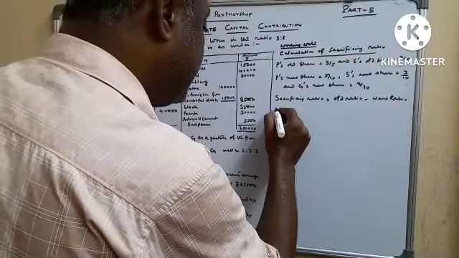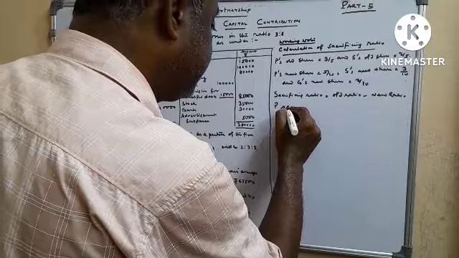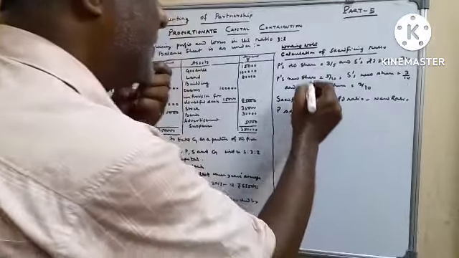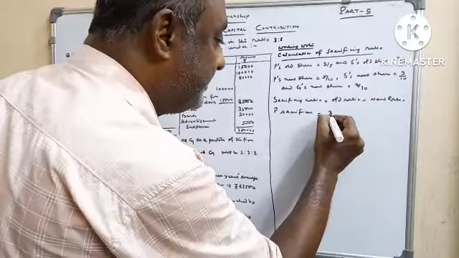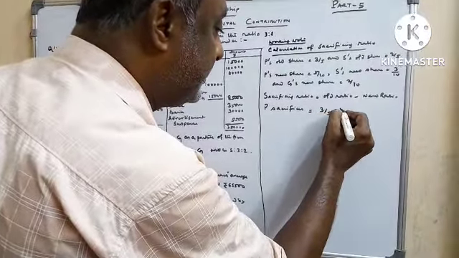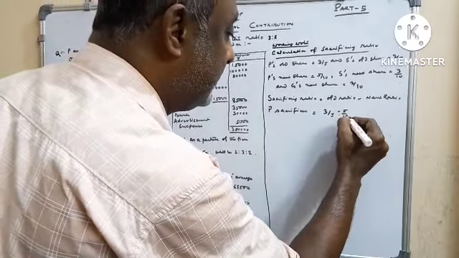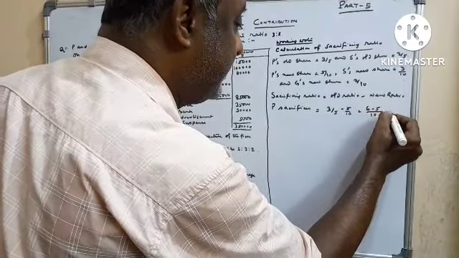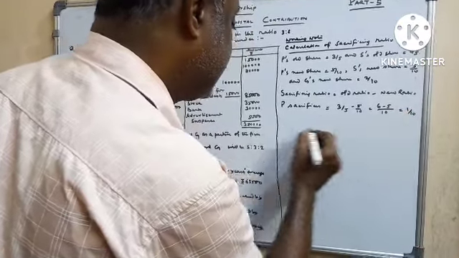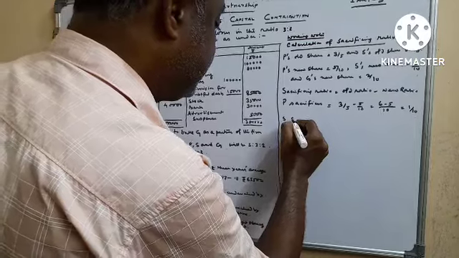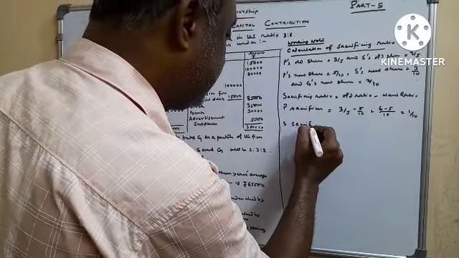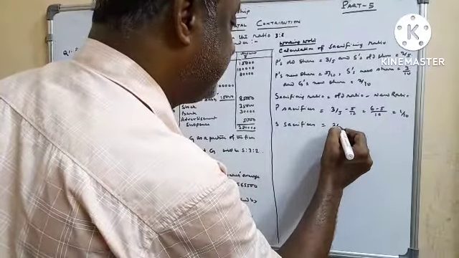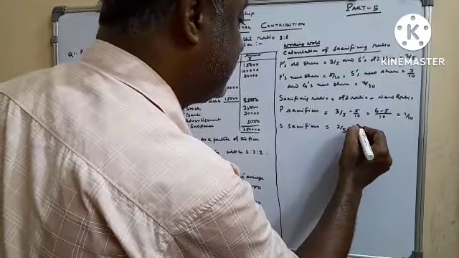Now P sacrifices: old ratio of P, how much given? 3/5 minus 5/10 equals, LCM will be 10, it will be 6 minus 5 equals 1/10. S sacrifices 2/5 minus 3/10.